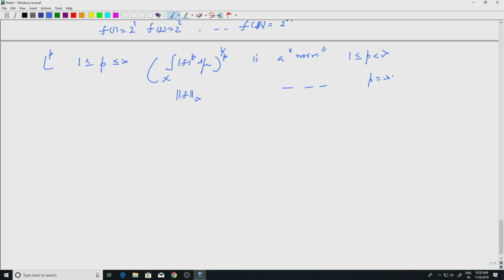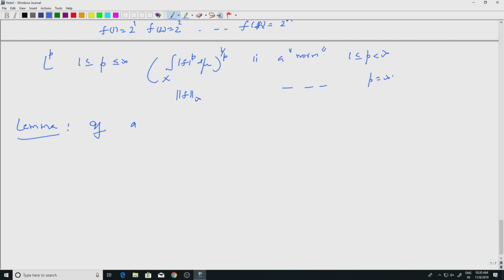So, let us start with the lemma. A technical lemma to prove that it satisfies certain inequalities, which is necessary to prove the triangle inequality. So, this is an easy lemma.